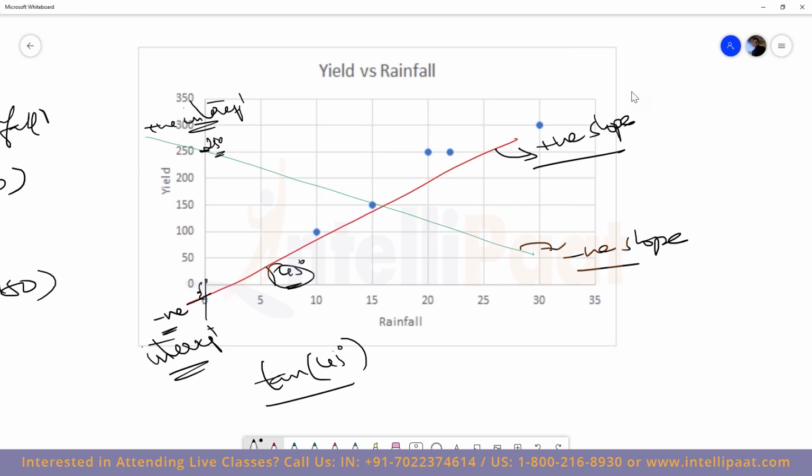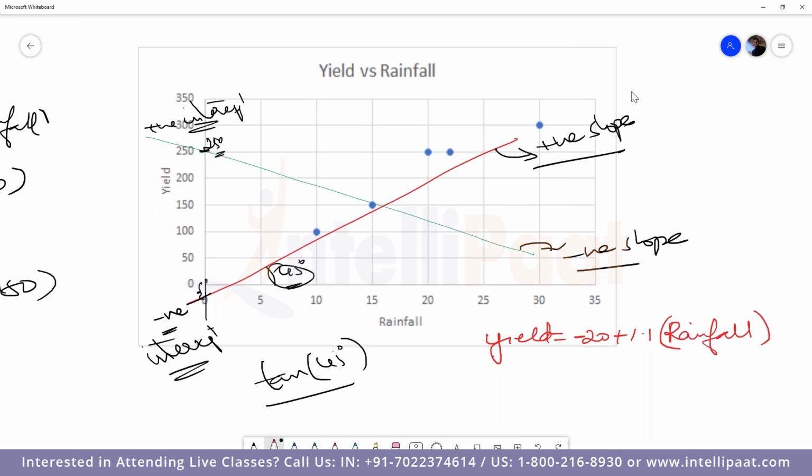So for the red line, let's go with the red line first. The red line equation could look something like this, where I'm saying that yield is equal to negative intercept. So minus 20, I'm assuming minus 20 plus 1.1 times, let's say, rainfall. Something like this. I don't know if this is even correct.